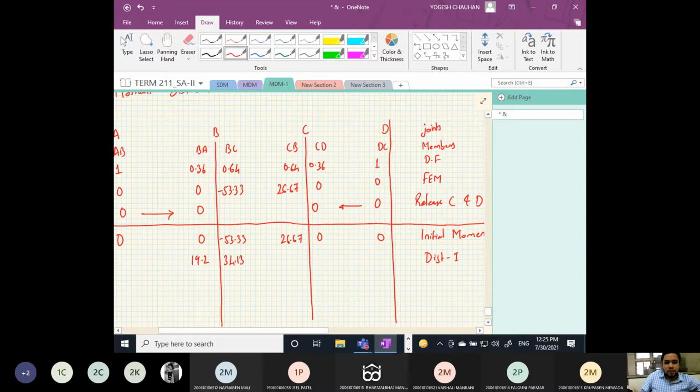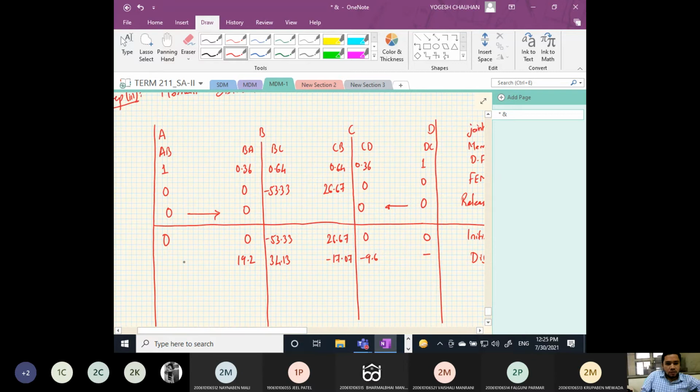Similarly, here the unbalanced moment is 26.67, so minus 26.67 multiplied by 0.64 will give you minus 17.07, and minus 26.67 multiplied by 0.36 will give minus 9.6. Here this will be dash, dash.